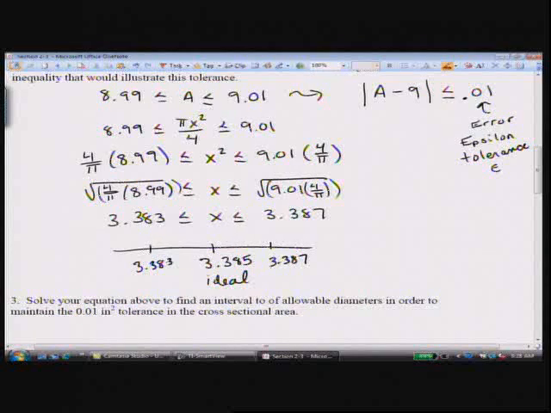Are y'all with me? Now, this distance on either side, in this case, is the same. 3.387 minus 3.385 is 0.02, and 3.385 minus 3.383 is also 0.02. That's not always true, but in this case, it is.